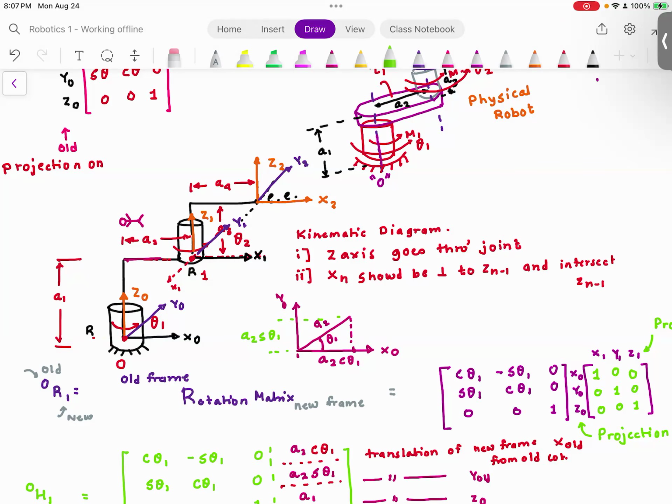So this becomes cosine theta 2, minus sine theta 2, 0; sine theta 2, cosine theta 2, 0; 0, 0, 1. And here it's going to be x2, y2, z2 and x1, y1, z1. Since x2, y2, z2 is aligned with x1, y1, z1, my projection matrix will remain identical.